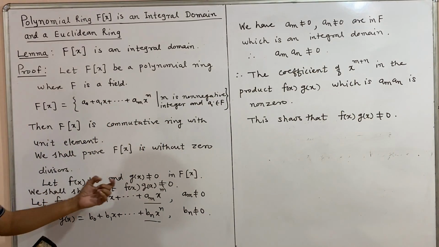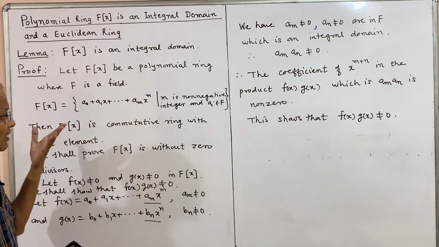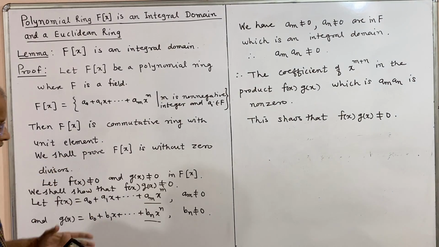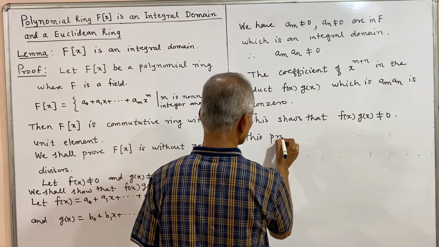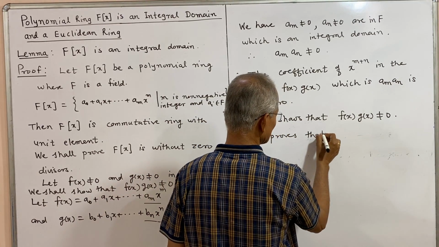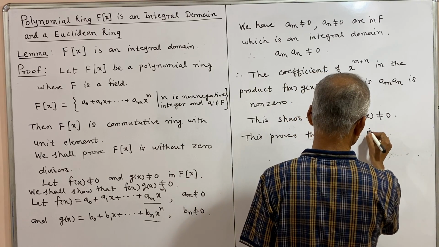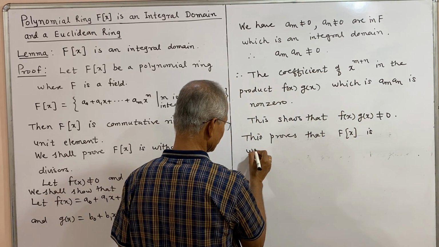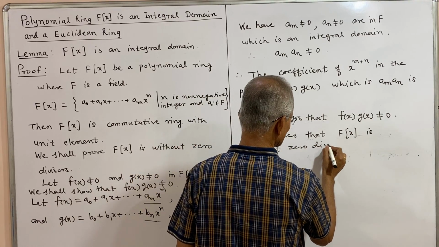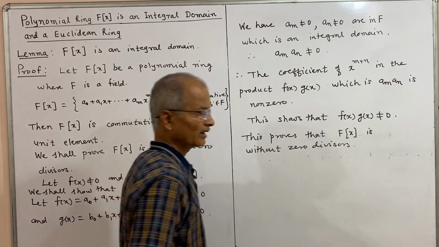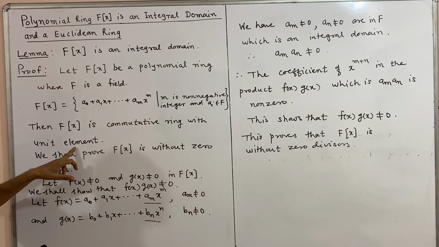Whenever f is not 0 and g is not 0, their product is not 0, which means this ring is without zero divisors. F[x] is without zero divisors, and hence it is an integral domain, because it is already a commutative ring with unity element.